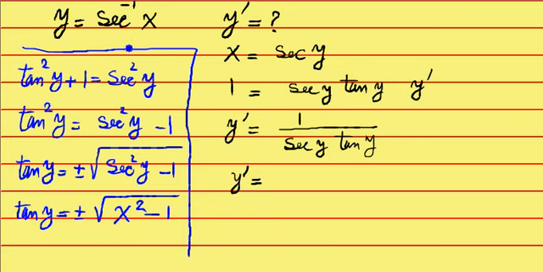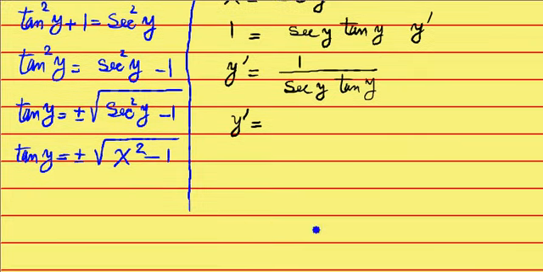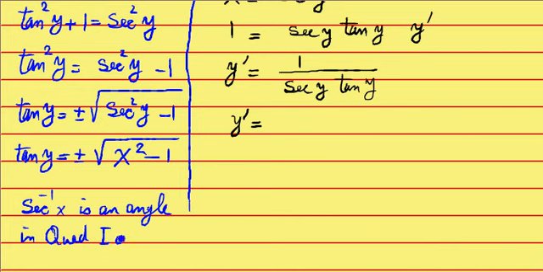Depending on what definition you pick for secant inverse, the answer will be different. Here is the definition we are going to use, which is the following. Secant inverse of x is an angle in quadrant 1 or 3.